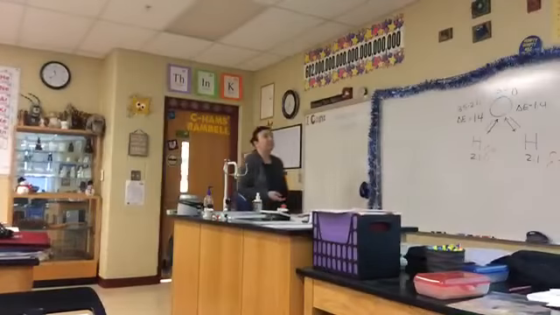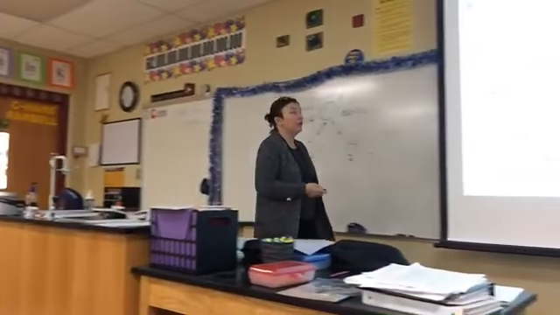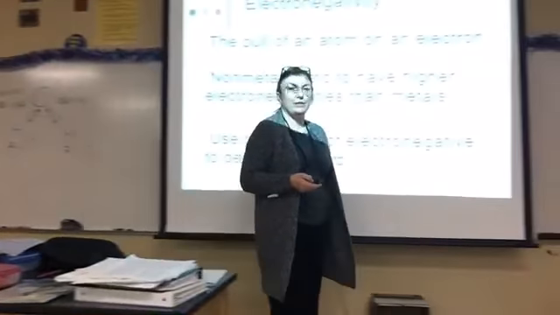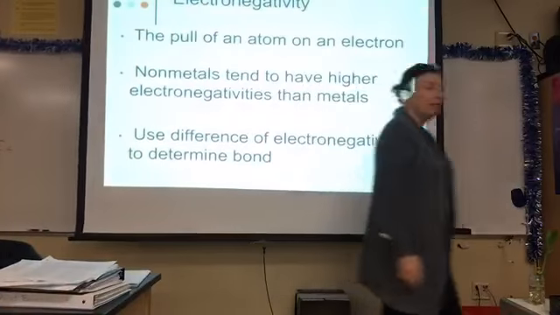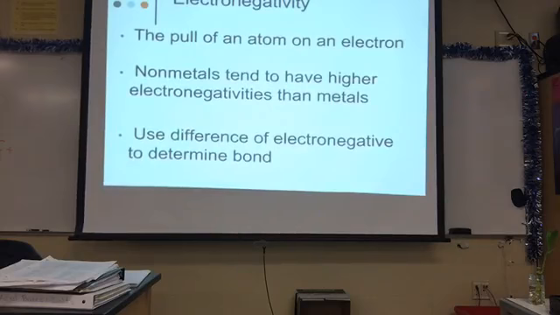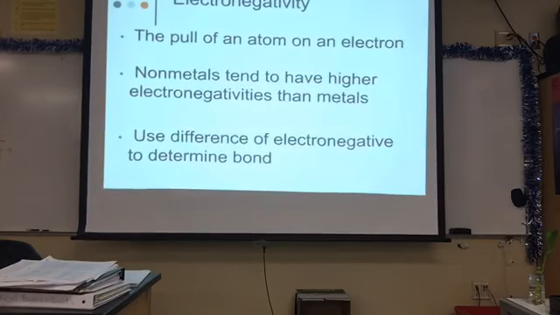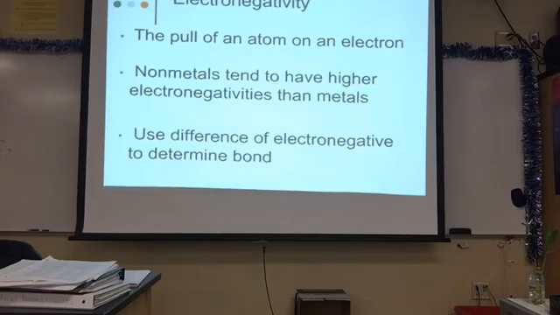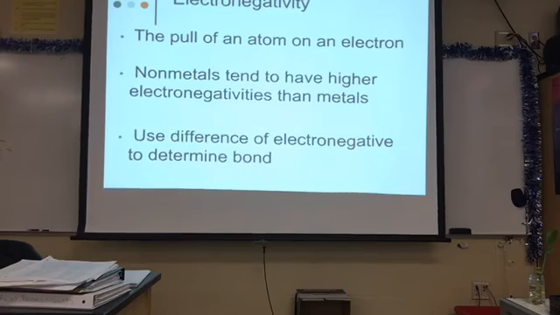So then, we look at our electronegativity. Electronegativity is that pull of an electron. It's the pull of an electron by the atom. We know that nonmetals tend to have higher electronegativities, and metals tend to have lower electronegativities.